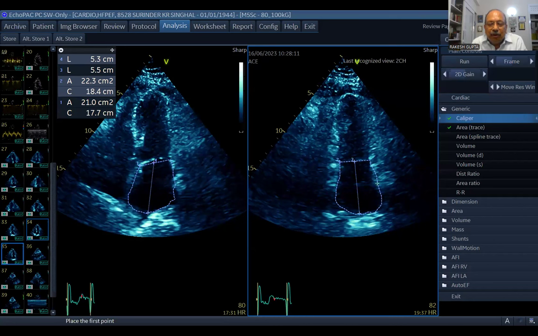So my LA volume would be 0.85 into area 1, that is 21, into area 2, 22.3, divided by 5.3.